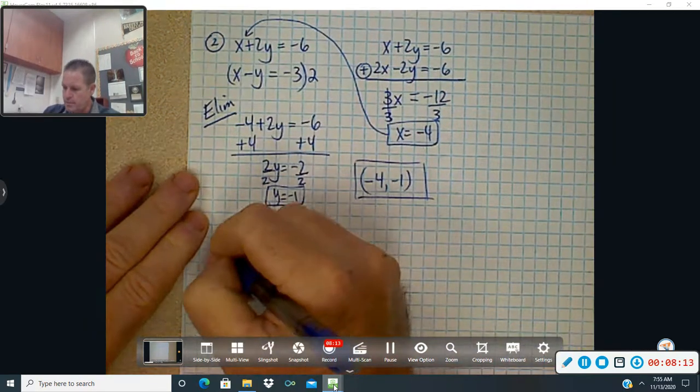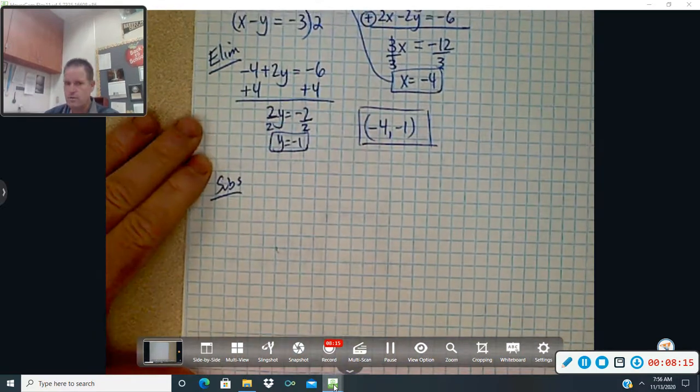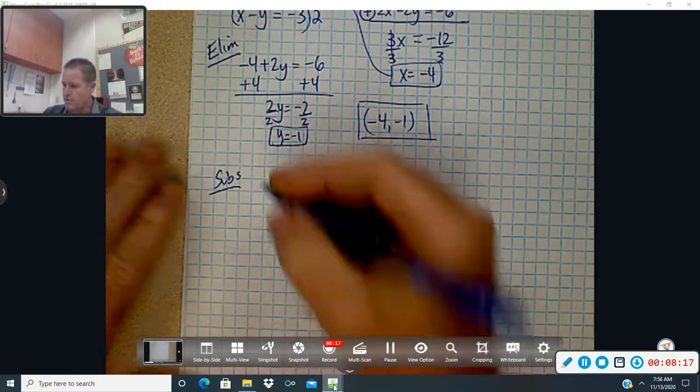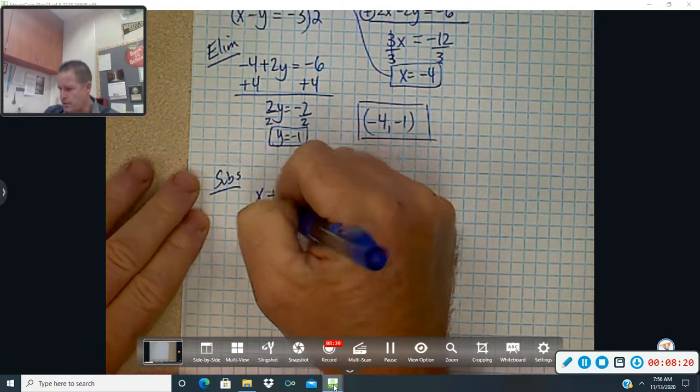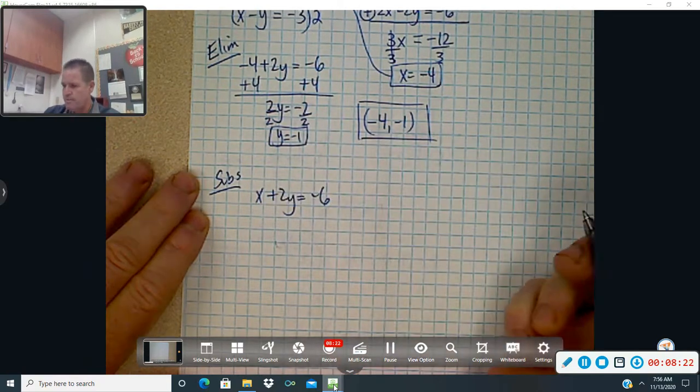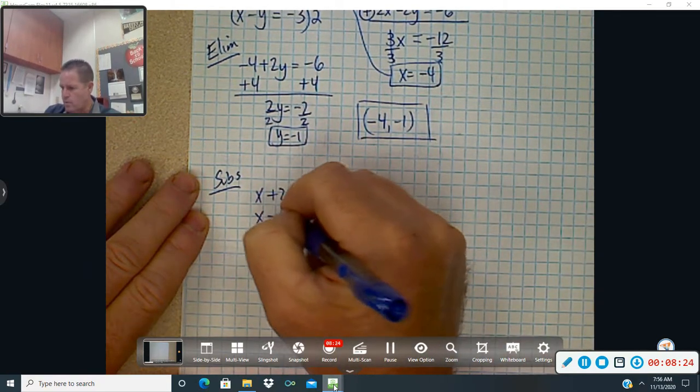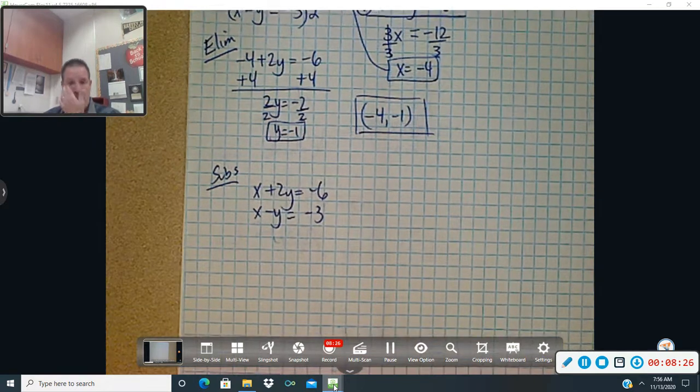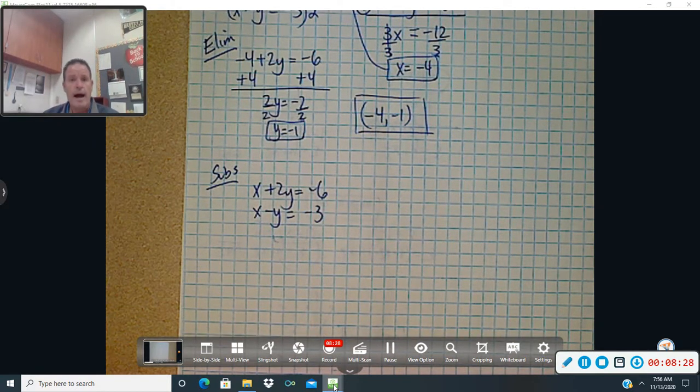Let's do it by substitution next. Okay, I told you I was going to reverse the order on this one. So same equations, x plus 2y equals negative 6, and x minus y equals negative 3. Okay, so I am going to do substitution, which means I have to know what x equals or what y equals.